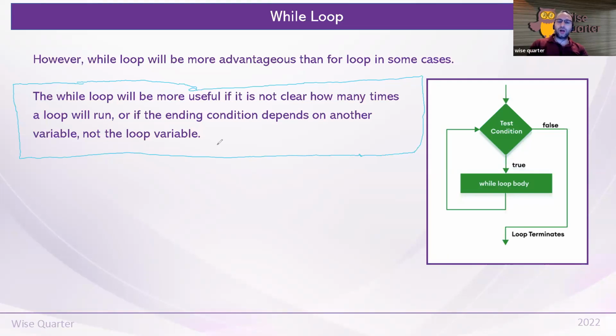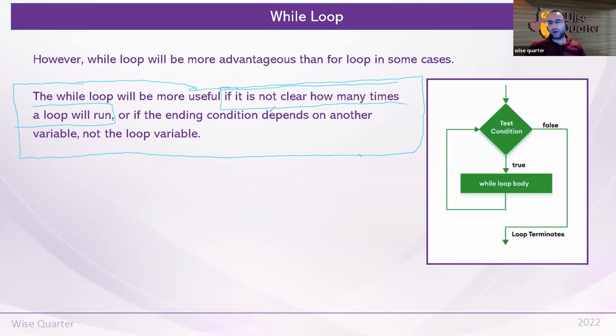But if you are not sure how many times the code will be executed, you should use a while loop instead of a for loop. If it is not clear how many times a loop will be executed, this is the critical line here. In this kind of situation, we should use a while loop.